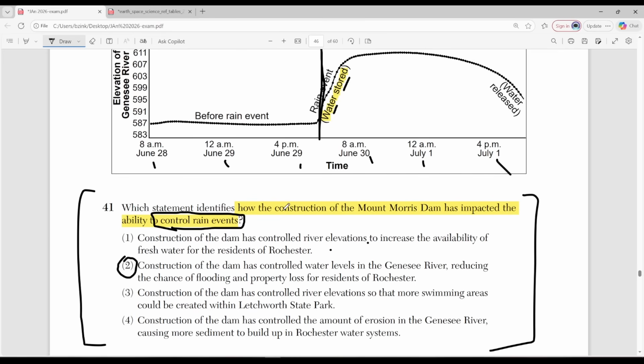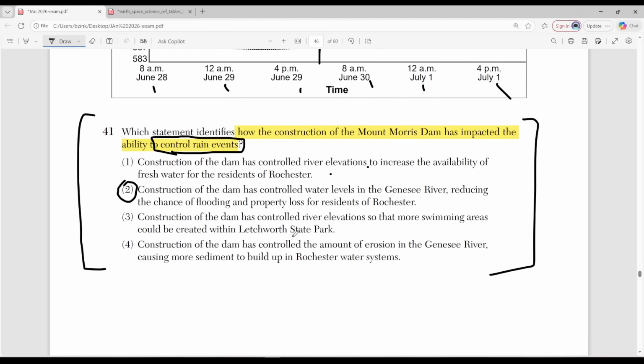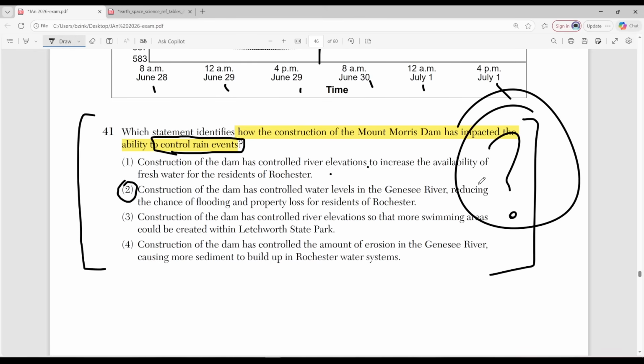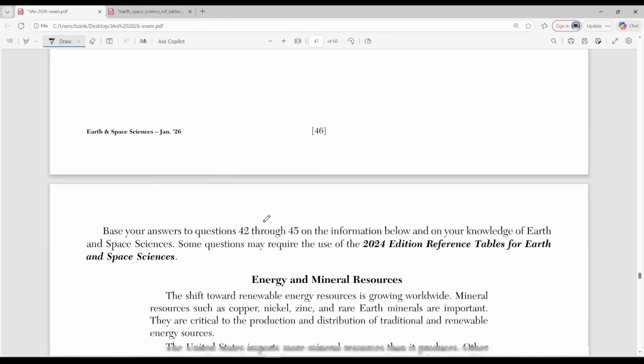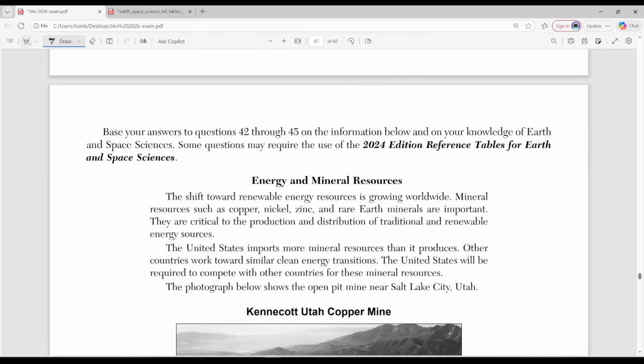I'm missing something on this one. Sorry team. Like I said, comment about what I'm missing in this question, but it's terrible. I got nothing else to say about question 41. All right, we're moving on.